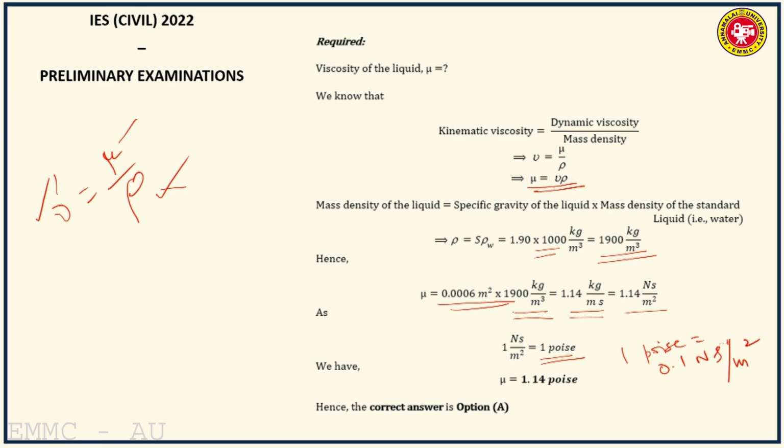This is wrong. I'm sorry. Sorry, 1 poise is 0.1 Newton second per meter square.